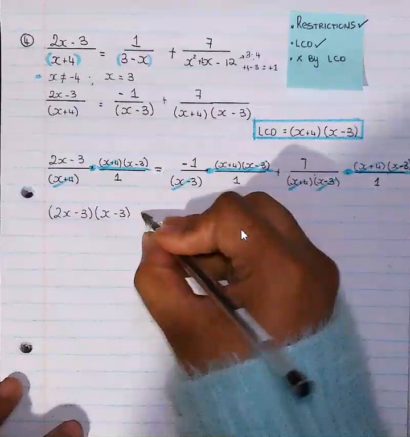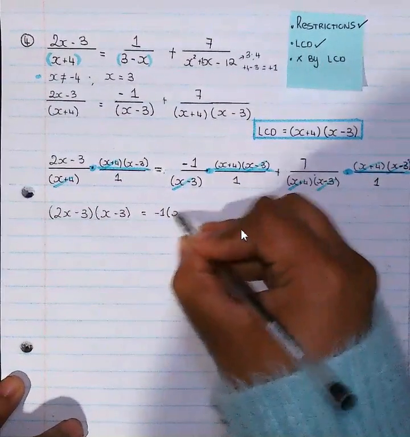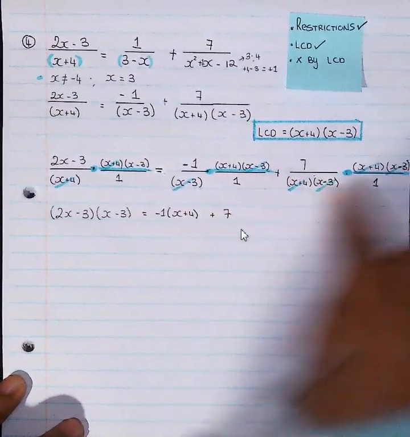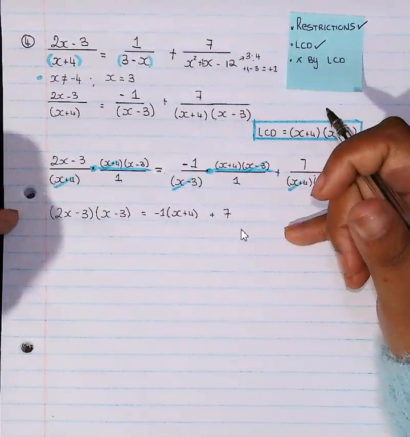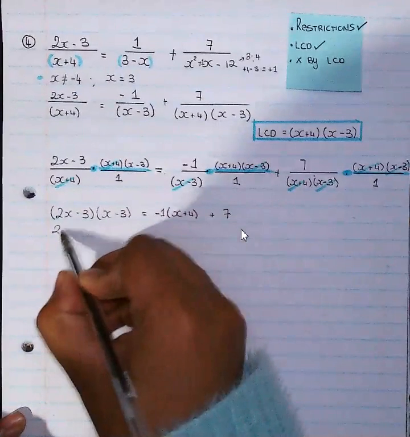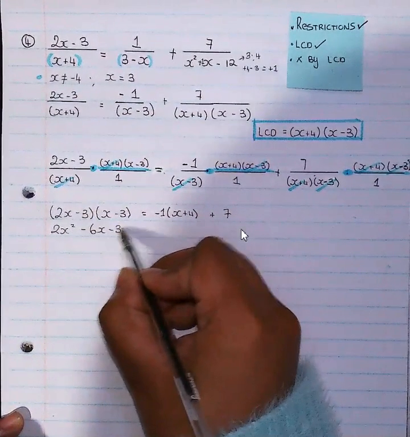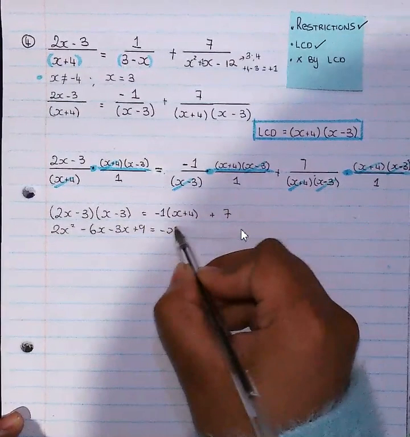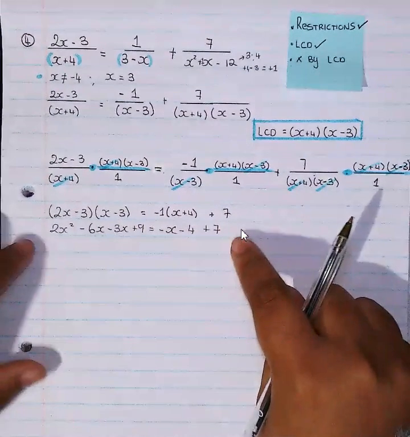Then we go equals minus 1 multiplied by x plus 4, plus 7. Lovely. This we can work with. This is an easier equation. So now we go ahead and solve it. We go 2x squared minus 6x minus 3x plus 9 equals negative x minus 4 plus 7. I'm going to go ahead and solve this step off camera.